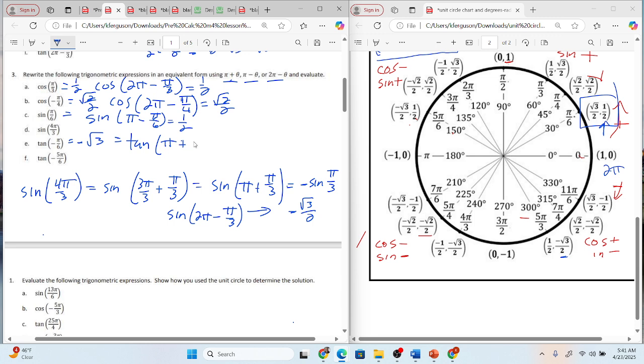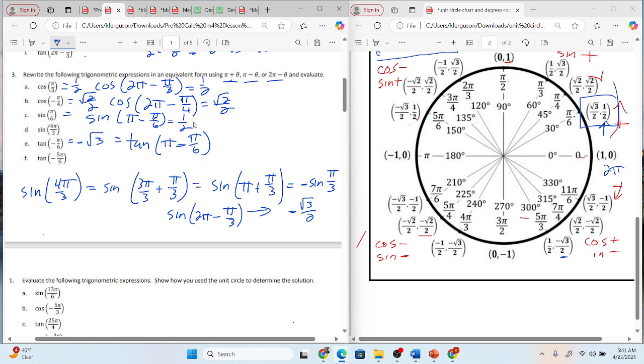I'm dealing with a negative. So I'm dealing with a negative. Let me see. So I got that and I subtract, right? Yeah. All right, so that should equal.